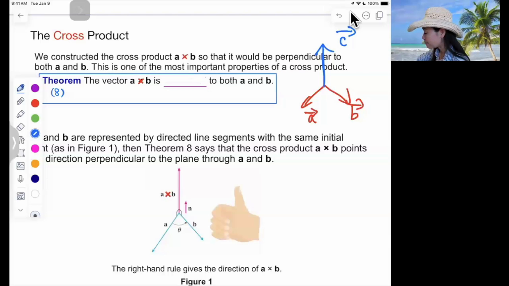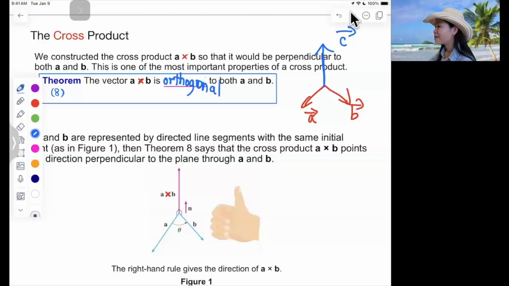Spell it: O-R-T-H-O-G-O-N-A-L. When you have more than 2 dimensions, then you say orthogonal. Perpendicular is usually only used in 2D.